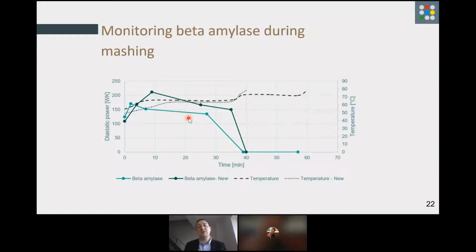So beta amylase is very thermally unstable or thermosensitive, and therefore slight modifications in this saccharification step, depending again on your recipe and your plant, could have a huge impact when it comes to plant efficiency and time optimization.